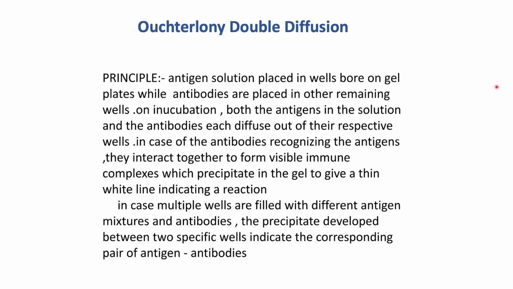In case of the antibodies recognizing the antigens, they interact together to form visible immune complexes which precipitate in the gel to give a thin white lining indicating a reaction has occurred. So in case multiple wells are filled with different antigens and antibodies, the precipitate developed between two specific wells indicates the corresponding pair of antigen-antibody reaction.